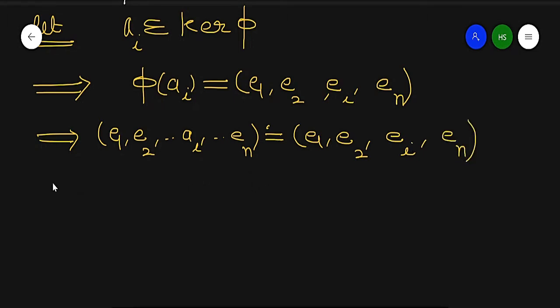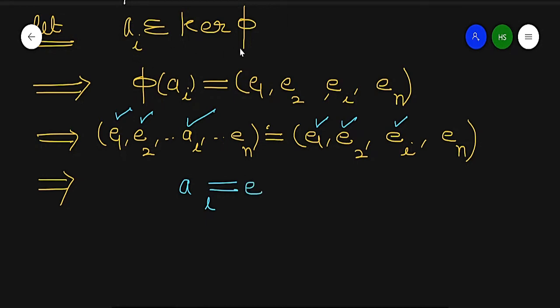When both are equal, then their corresponding entries are also equal. So this will be equal to this value, this will be equal to this value, and this will be equal to this value. So it implies ai becomes the identity.